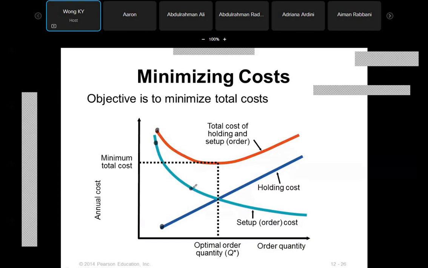If you add the value of this point plus another value here, you will get this value here. So in other words, if you add up these two blue lines, you will get the red line. The red line is the total cost line, which consists of the holding cost plus the setup or ordering cost.